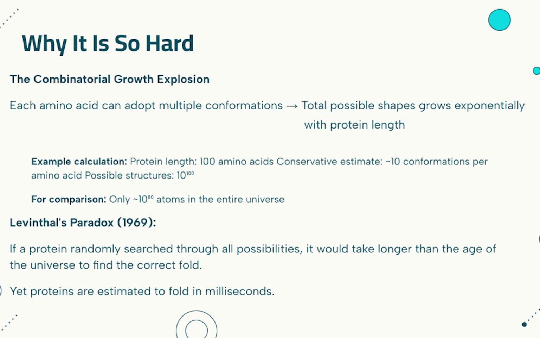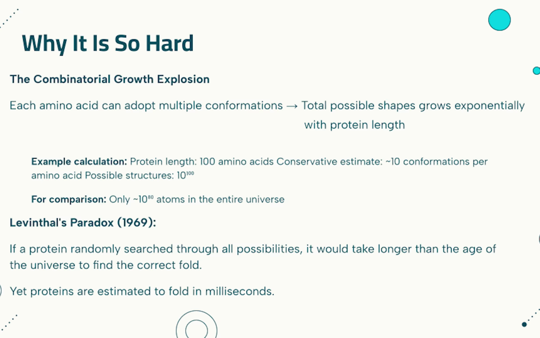Even with quantum computers, this is practically as difficult as some cryptographic challenges that have been presented. So in 1969, a scientist named Cyrus Levinthal calculated that if a protein tried to find its correct shape by randomly testing possibilities, it would take longer than the age of the universe. Yet in living cells, proteins fold correctly in milliseconds.